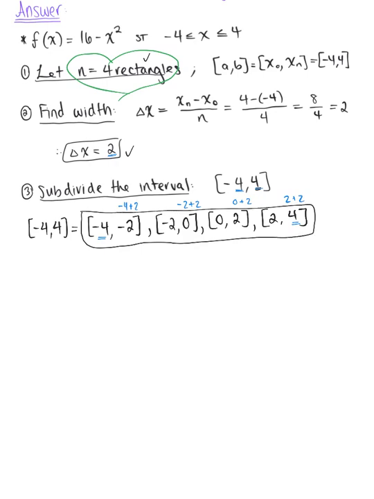All right, so now we're ready to sketch ourselves a picture. We want to sketch the graph, and then we'll draw a rectangle within each of these subintervals. So here we go. We have our y-axis and the x-axis.